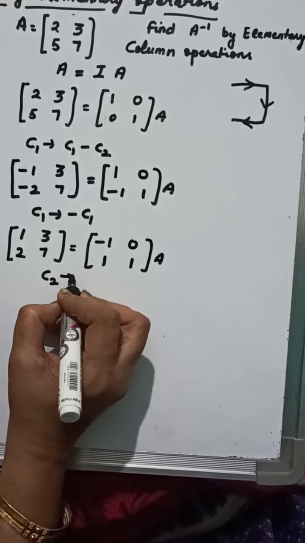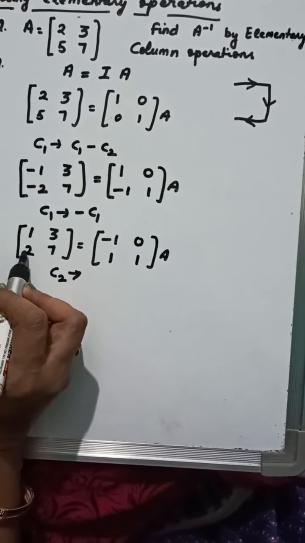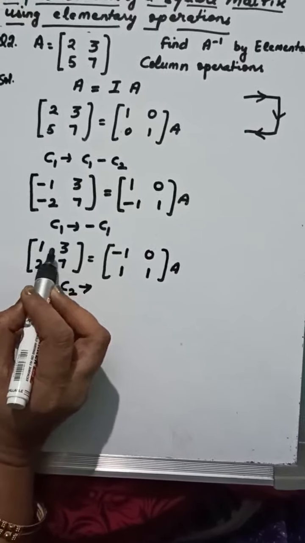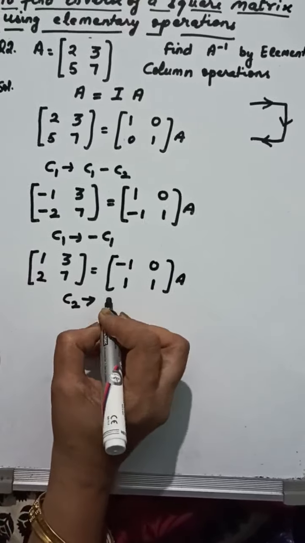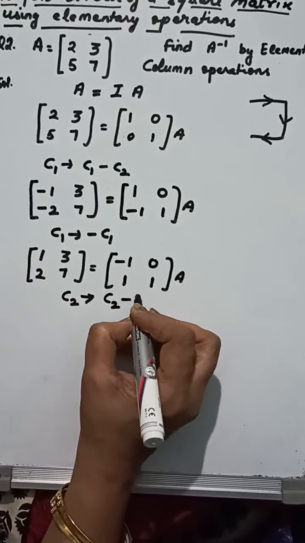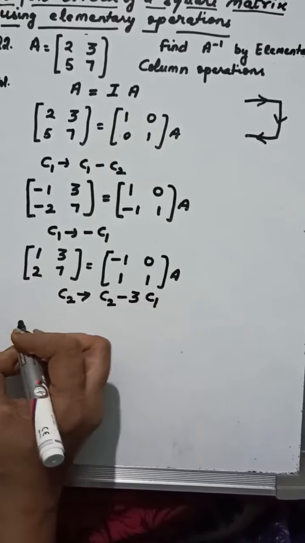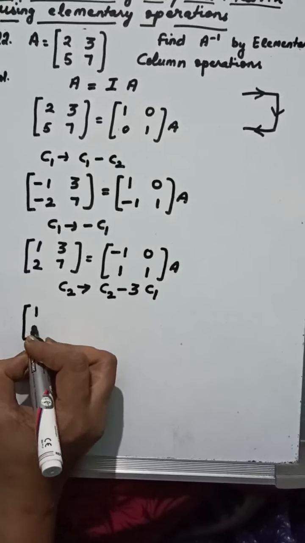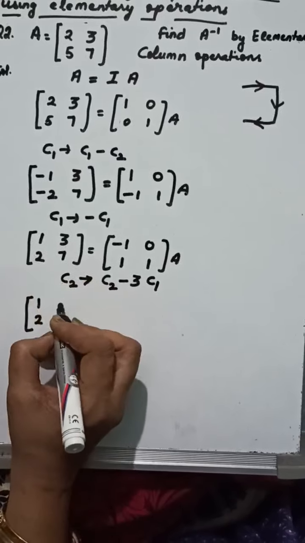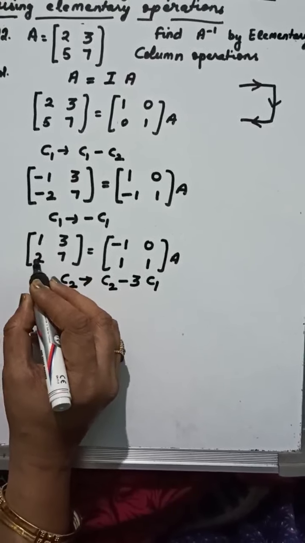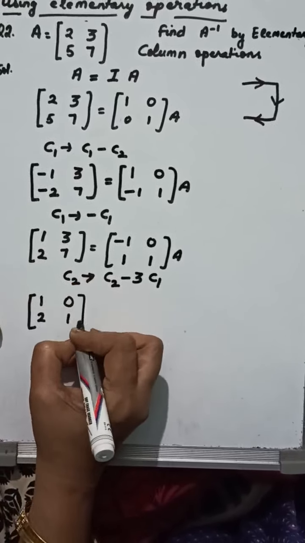So apply in C2, if we multiply the first column by 3 and subtract here, 3 minus 3 will become 0. So C2 minus 3 C1 means 3 minus 3 is 0, 7 minus 6 is 1.